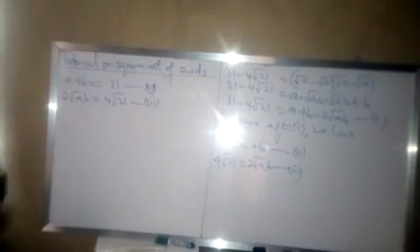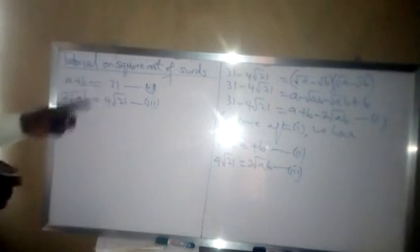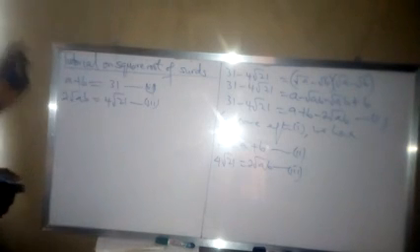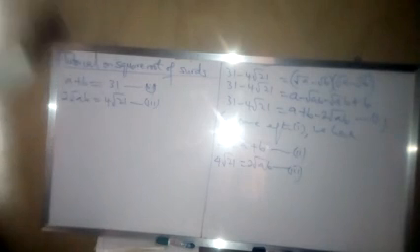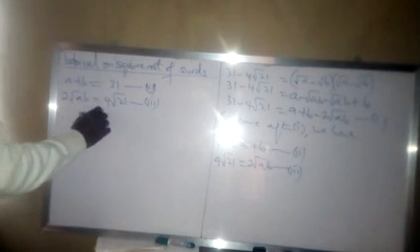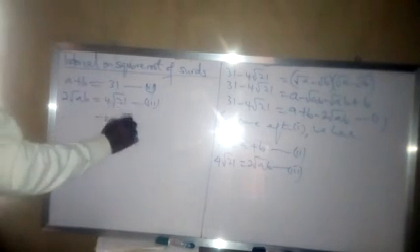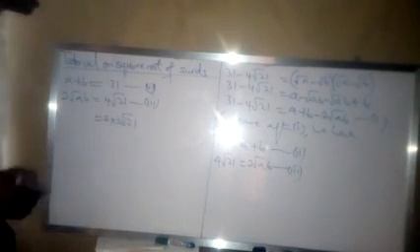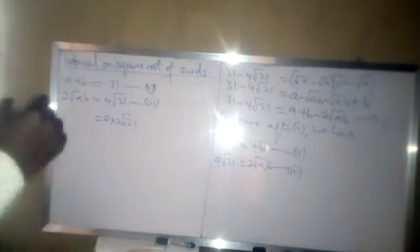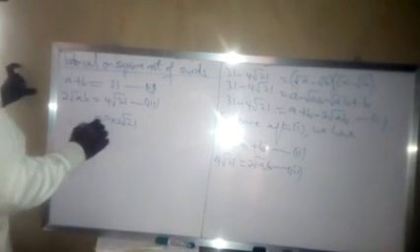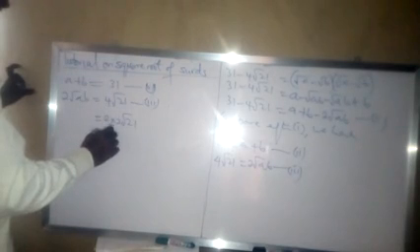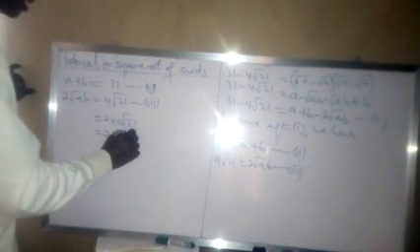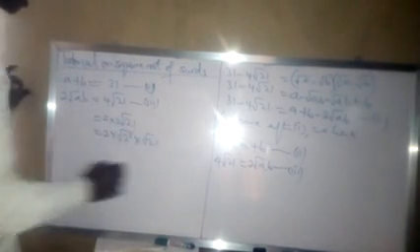Now, how do we rewrite 4 root 21 to have 2? We need 2 here, so just split the 4 here. This will be 2 times 2 root 21. I hope you understand that. Now convert this 2 root 21 to a single surd. Don't forget, you convert it to a single surd. So you have 2 multiplied by the root of 2 squared times 21.